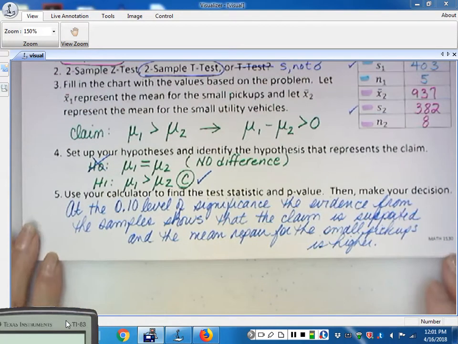Now your sentence doesn't have to look exactly like that, but basically what we say is at the 0.10 level of significance, the evidence from the sample shows that the claim is supported and the mean repair for the small pickups is higher than for the small utility vehicles. Okay? So the evidence supports the claim.